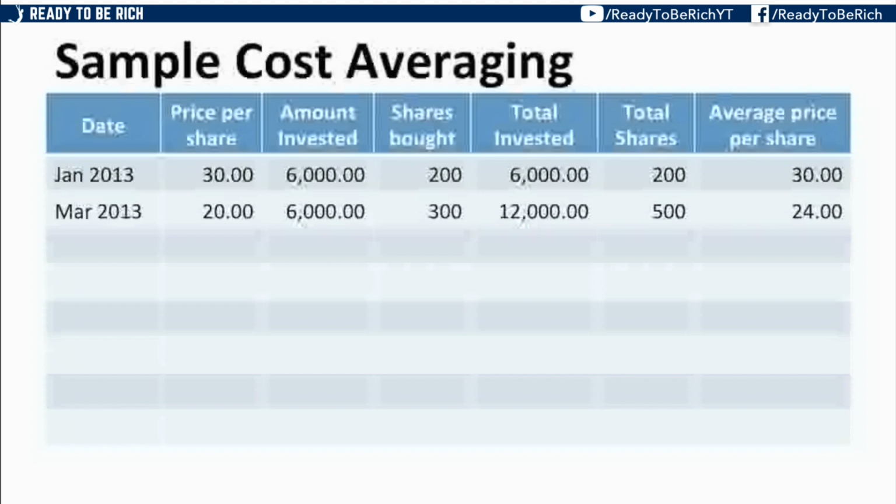And then your total number of shares will be 500. So 200 from the previous period, and then 300 shares now, for a total of 500. So when you compute the average price per share, it's 12,000 pesos divided by 500. That's how you get the 24 peso average price per share.